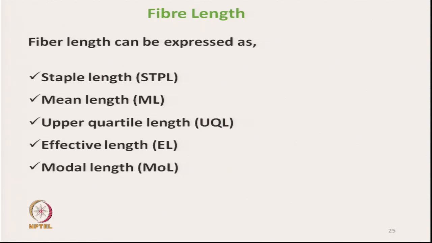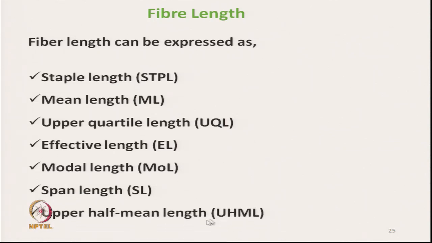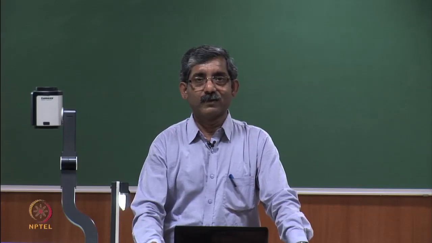Modal length is the length that most of the fibers show, that is the mode of the fiber length. Span length, upper half mean length. These are the different length characteristics in which fiber length can be expressed.